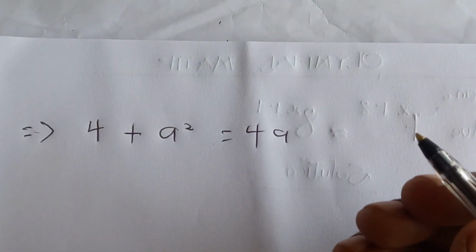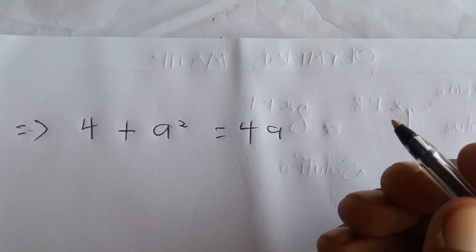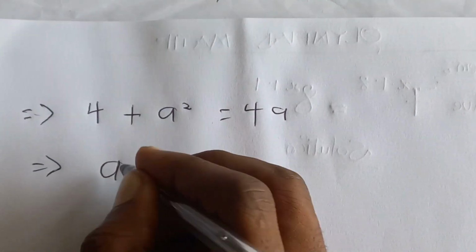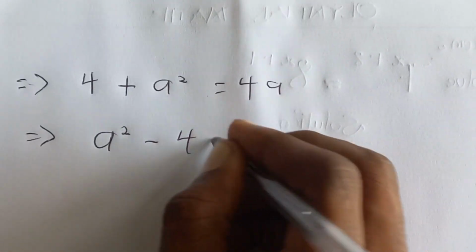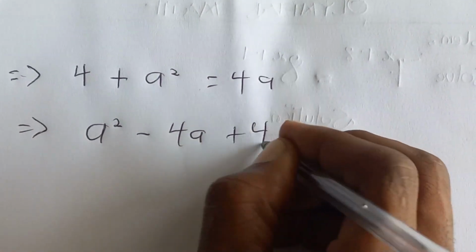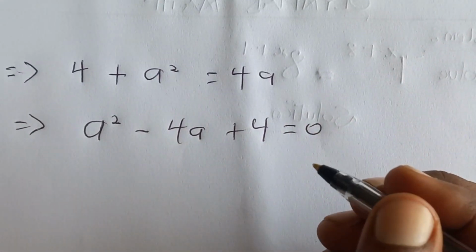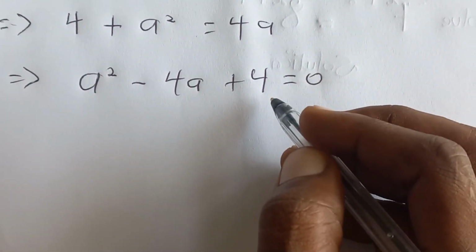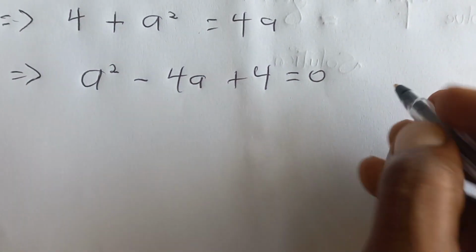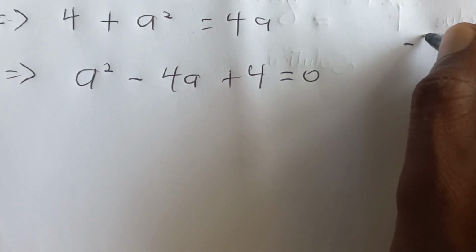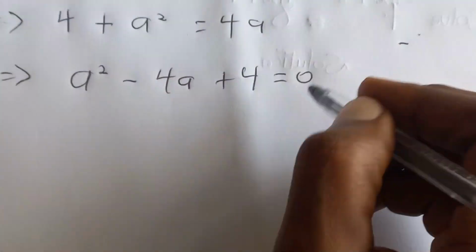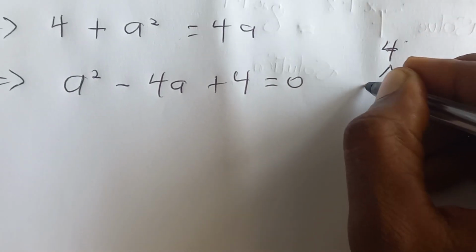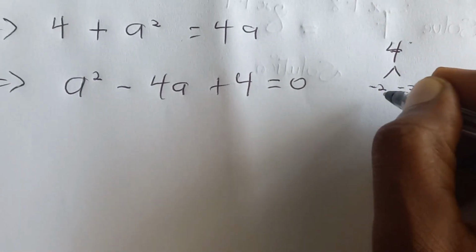So with this, let us rewrite it in order. We have a squared minus 4a plus 4 is equal to 0. Okay, and this is a quadratic equation. So you can look for the factors of 4. We have negative 2 and negative 2.